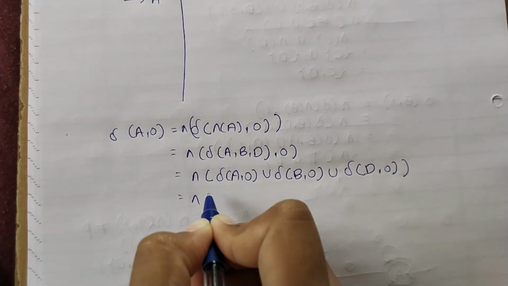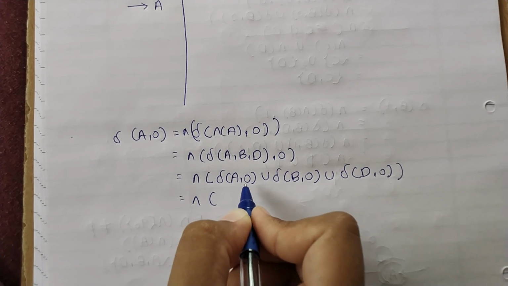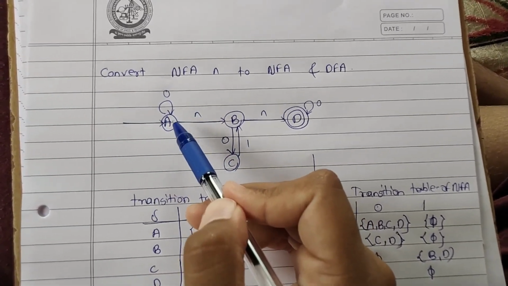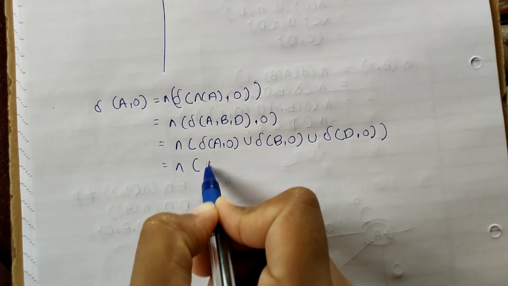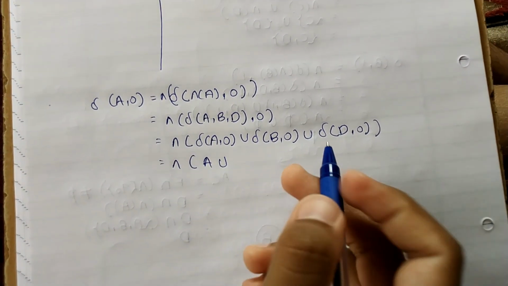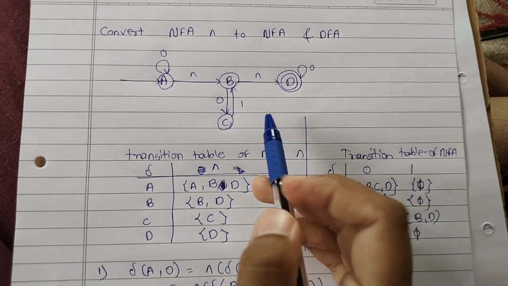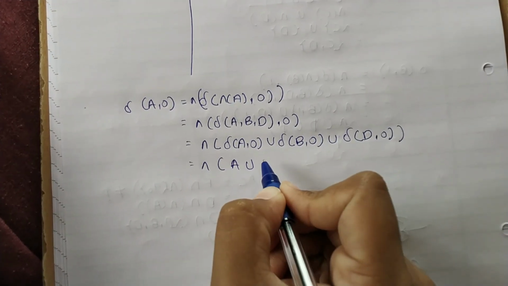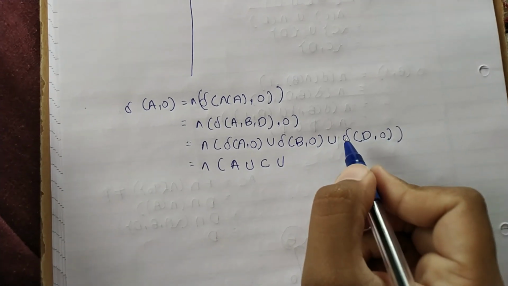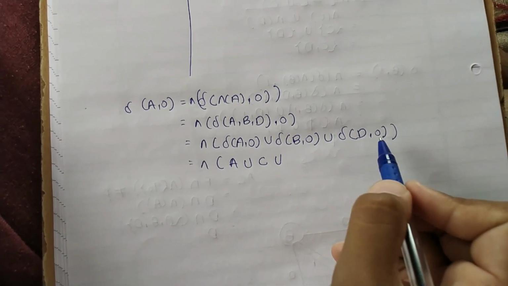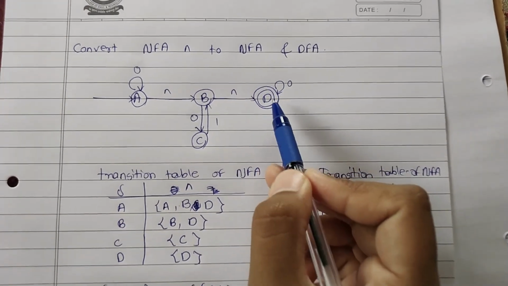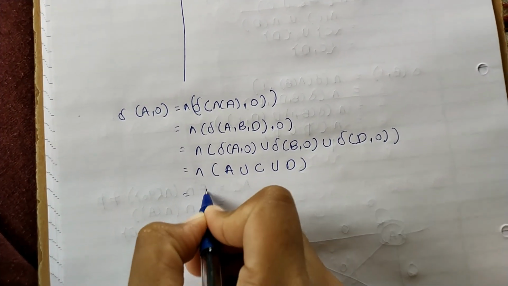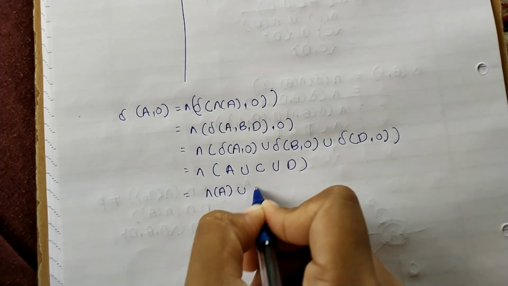Now A comma 0: A transfers 0 to A itself. So A union B comma 0. B transfers 0 to C. So C union D comma 0. D transfers 0 to D. So D.